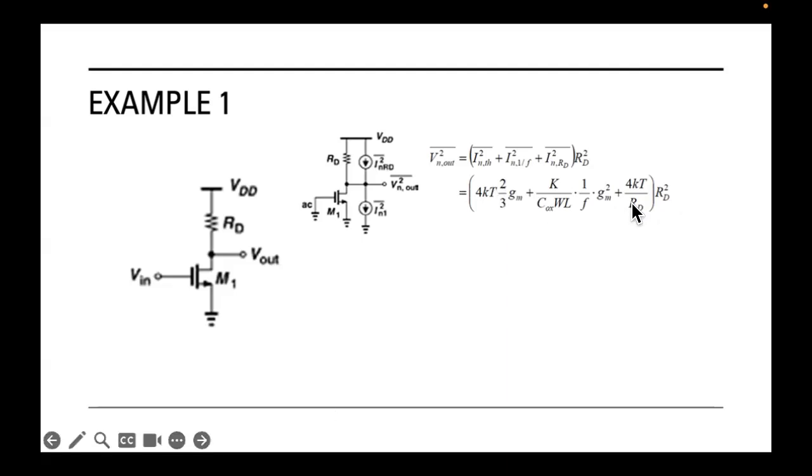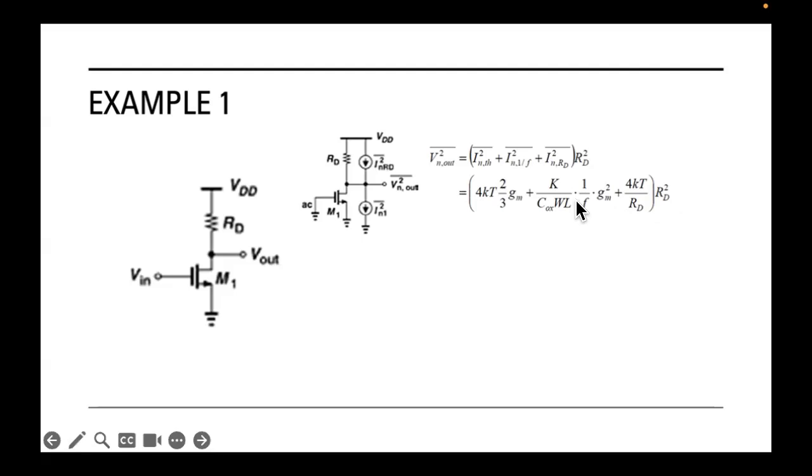Then you get the output thermal noise. So when you ground the input and you measure the output and you find that the output is not typically equal to 0, then this output voltage is mainly due to these three sources of noise, as you can see.